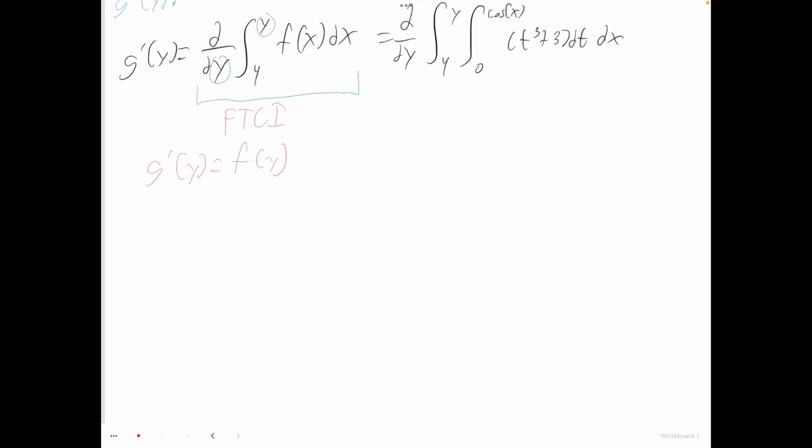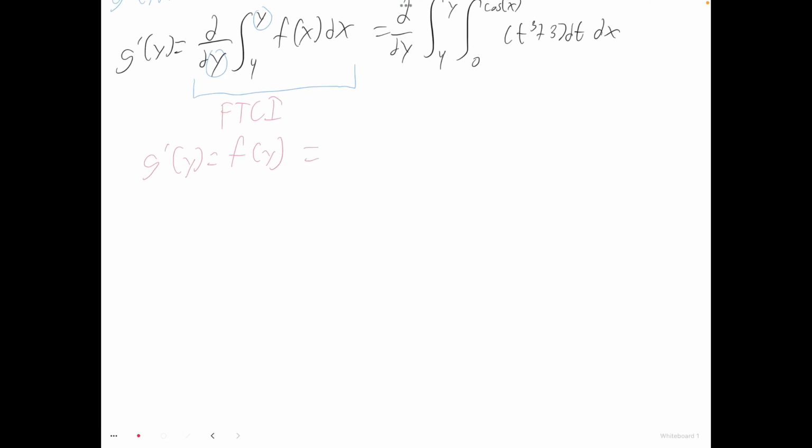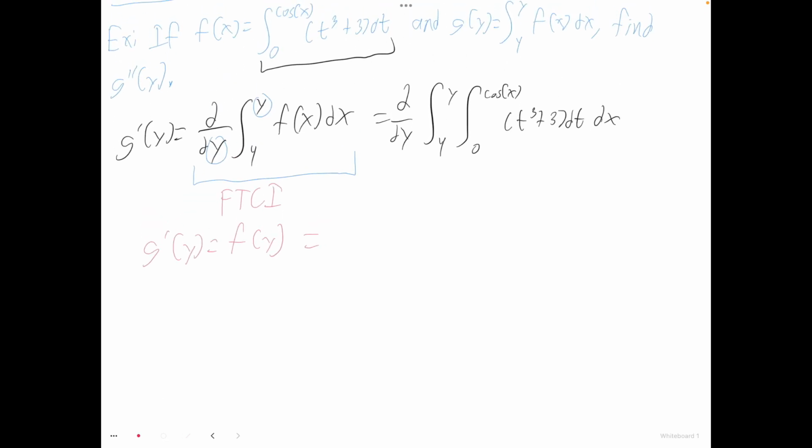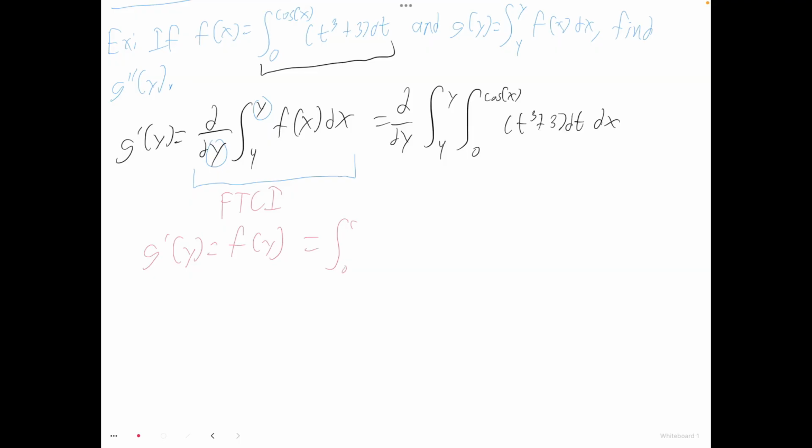Now we just need its second derivative, which again, f of y would then be the integral from 0 to cosine of y t cubed plus 3 dt. Okay, I've replaced the x with a y because now it's f of y rather than f of x. But it's the same idea.